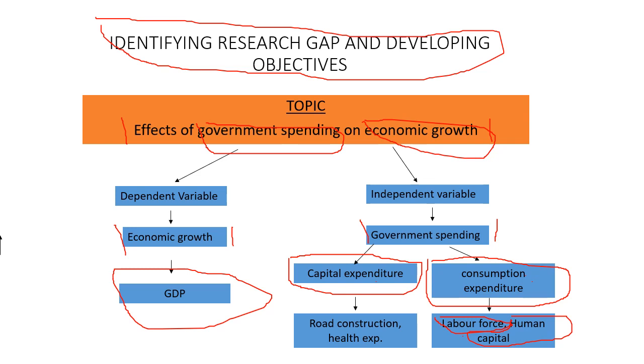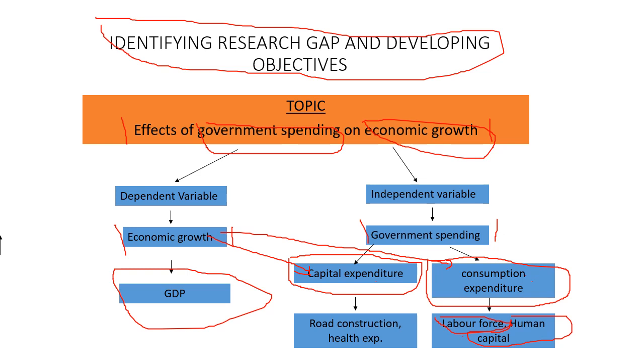So take note. So now, what are our objectives? Our objectives are going to be the link between this and that, and the connection between this and that. So now it's going to be the effect of government capital expenditure on economic growth. That is objective 1.